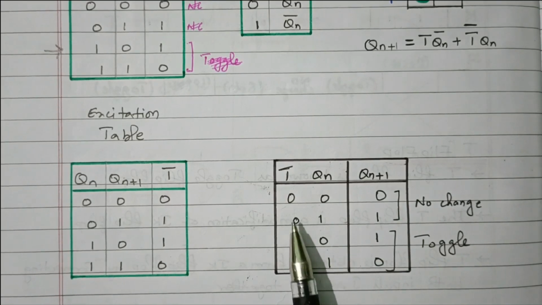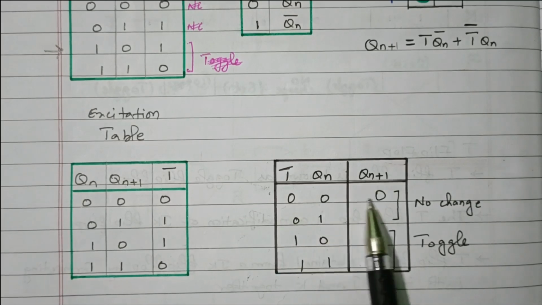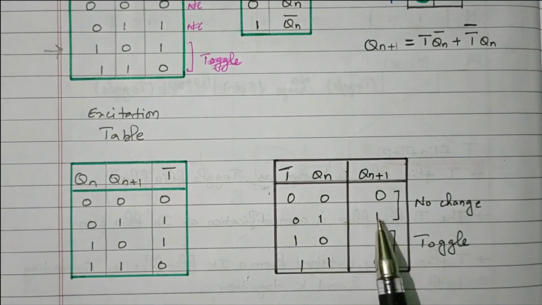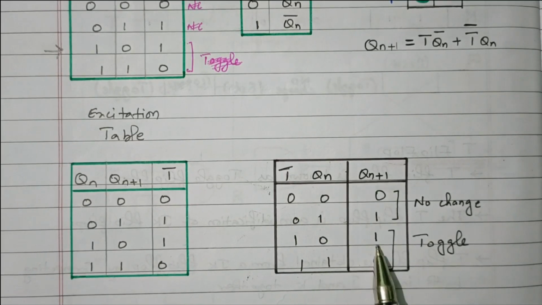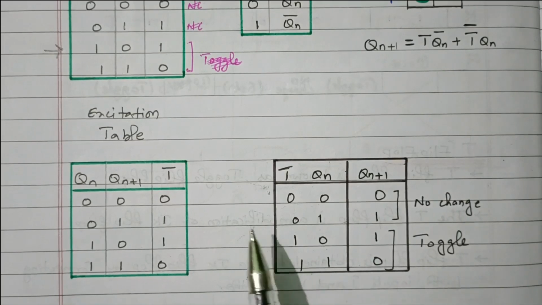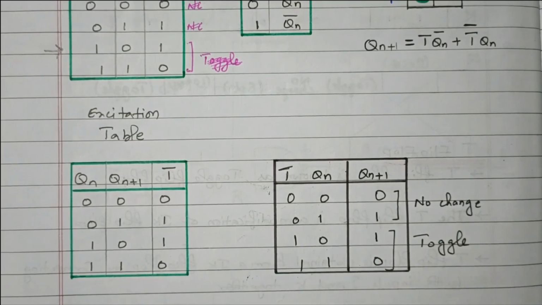So here it is very clear: T is 0 means no change, 0 stays 0, 1 stays 1. T equal to 1 means toggle: present state 0 means next state 1, present state 1 means next state 0, right? So both are the same, written in a different manner.